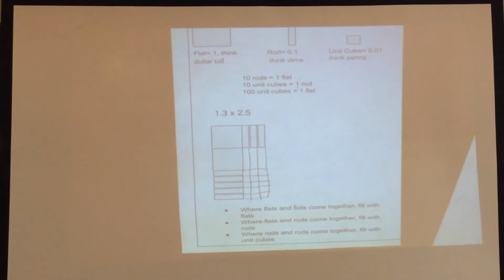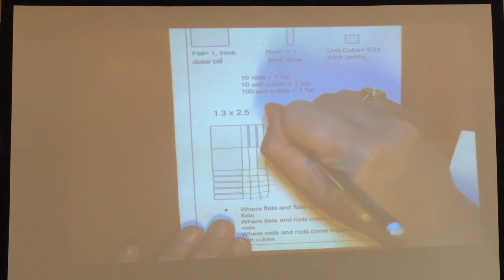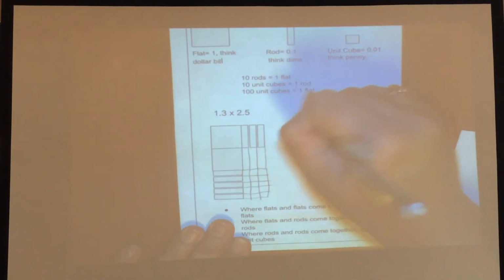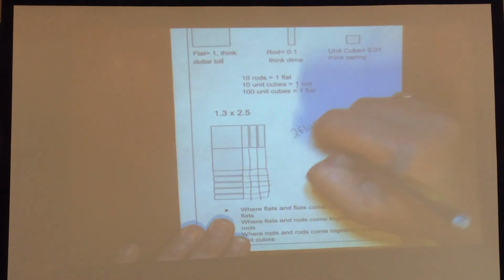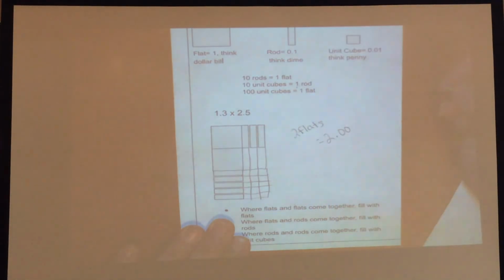I'm going to give you time to do that. Okay, how many total flats do I have in my picture? 2 flats, which equals how much? $2, or 2 wholes.